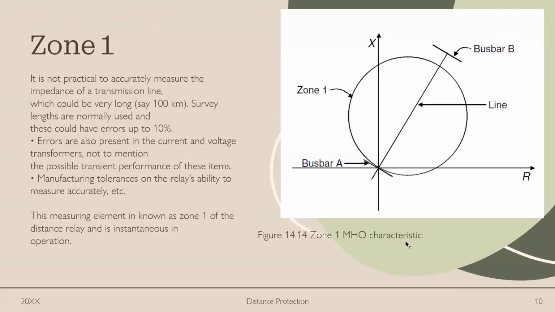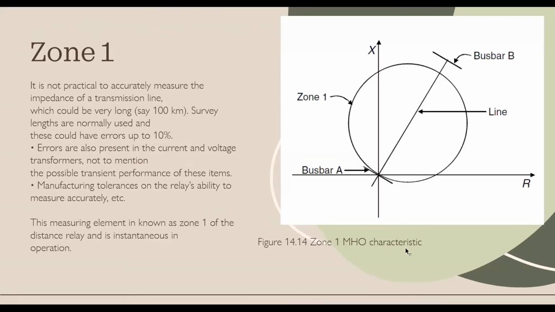It is not practical to accurately measure the impedance of a transmission line, which would be very long, for example, 100 kilometers. Survey lengths are normally used, and these could have errors up to 10%. Errors are also present in the current and voltage transformers, not to mention the possible transient performance of these items. Also, manufacturing tolerances affect the relay's ability to measure accurately.